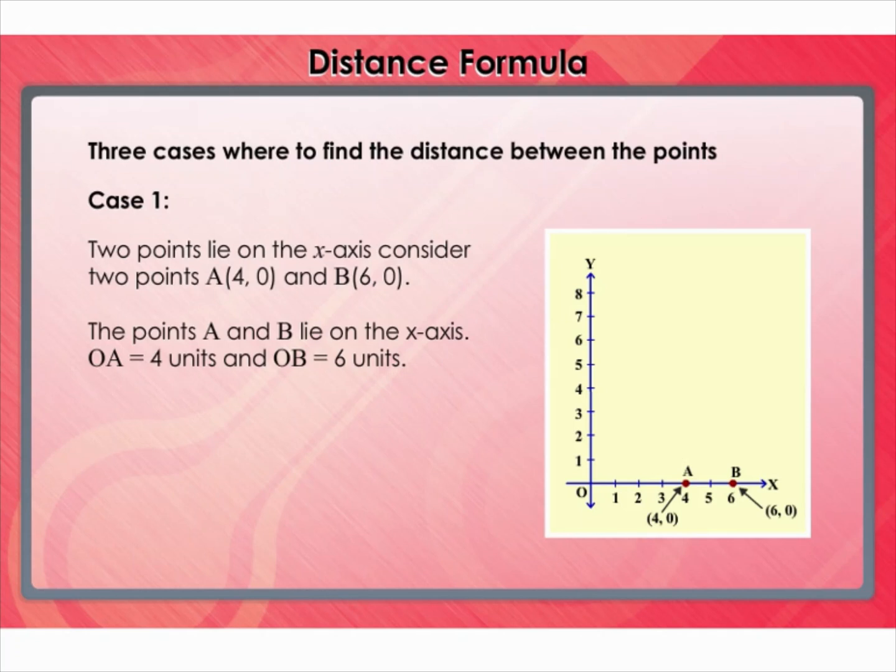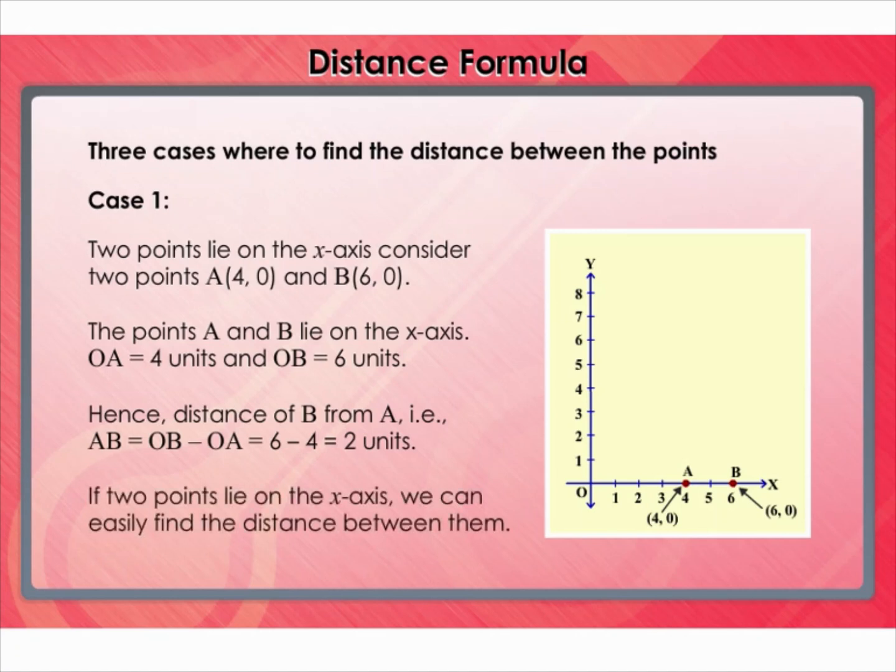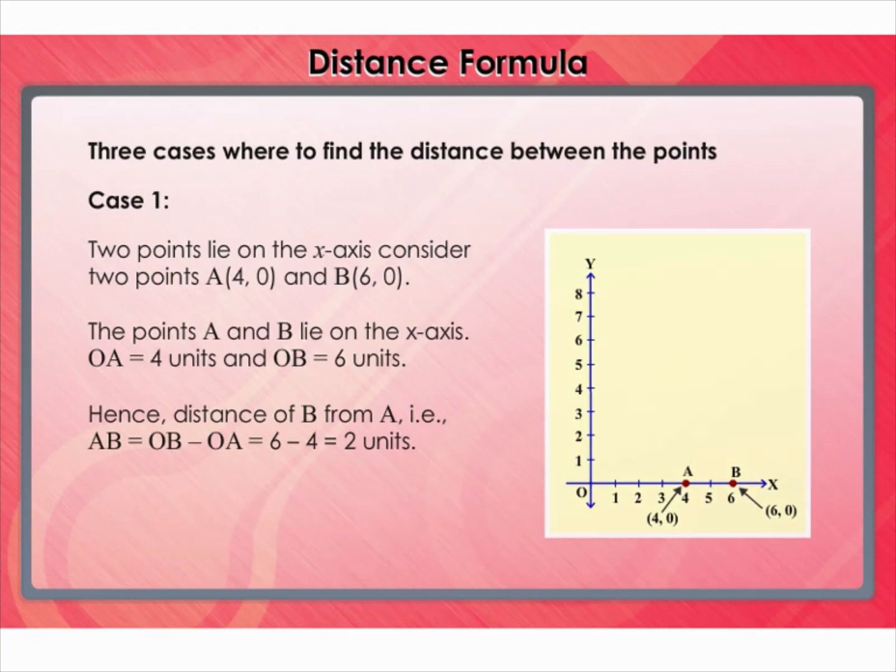From the figure you can see that OA is equal to 4 units, OB is equal to 6 units. Therefore, the distance of B from A, that is AB, is equal to OB minus OA, that's equal to 6 minus 4, that's equal to 2 units. So, if 2 points lie on the x-axis, we can easily find the distance between them.